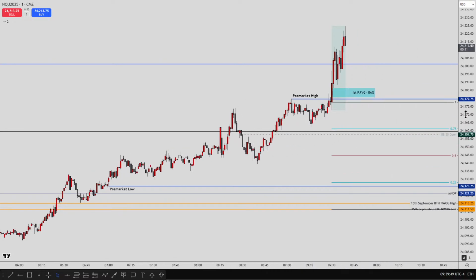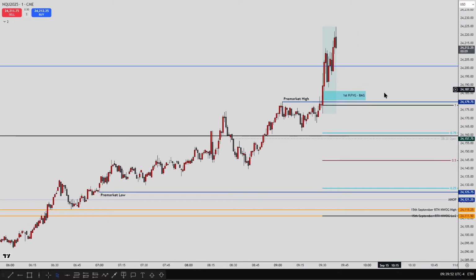Okay, we're going to wait for the macro before looking at really anything. I want to see this top out and then drop down below something significant.